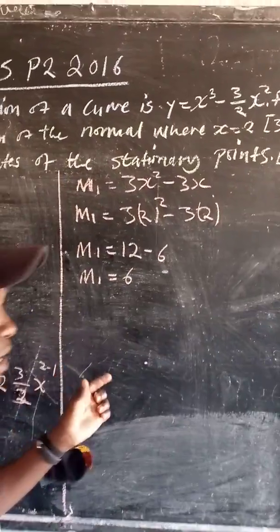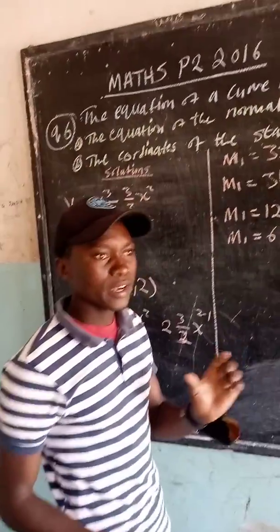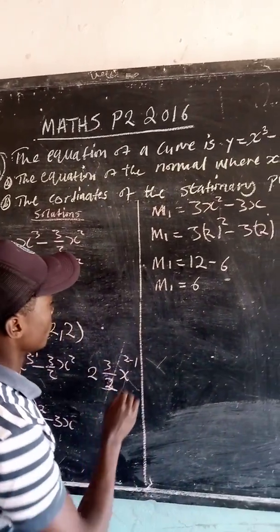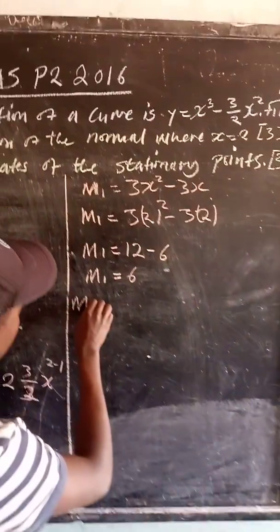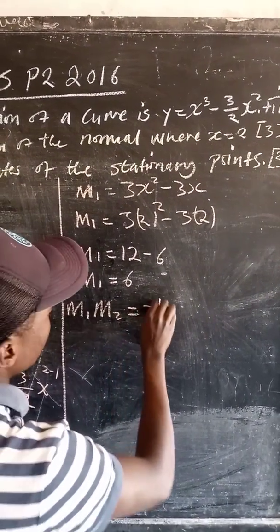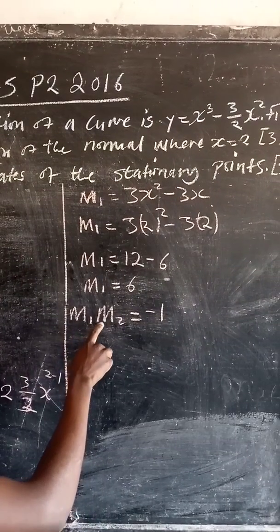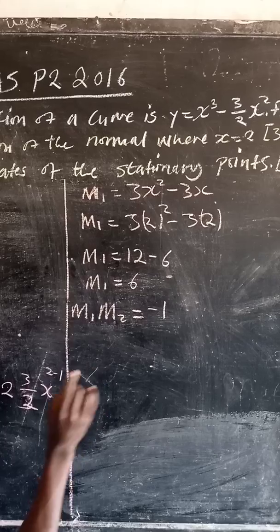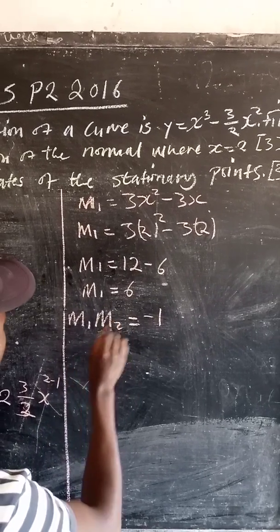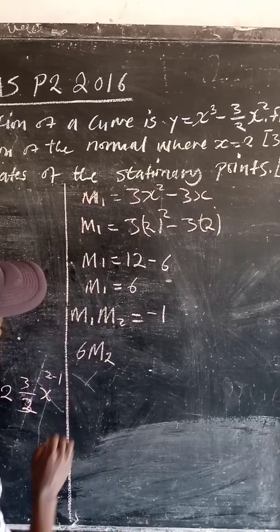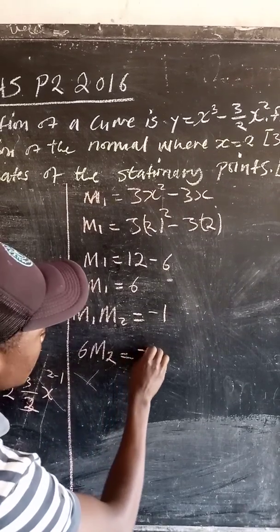Then once you have the gradient of the tangent, you can now find the gradient of the normal, which is given by the following formula: m1 times m2 is equal to -1. So what is our m1? We have 6 multiplied by m2 is equal to -1.